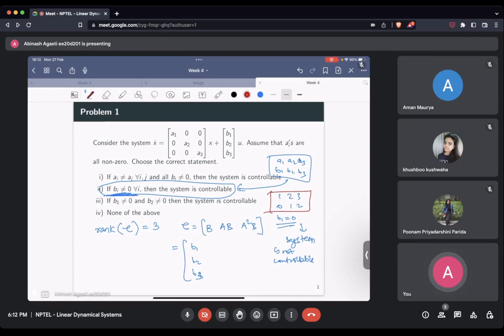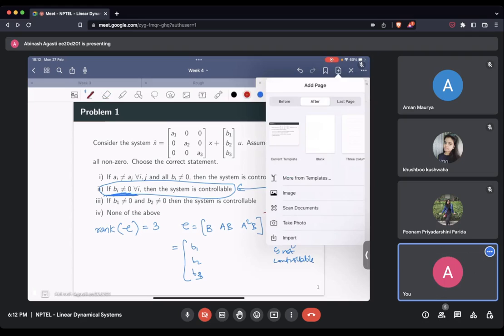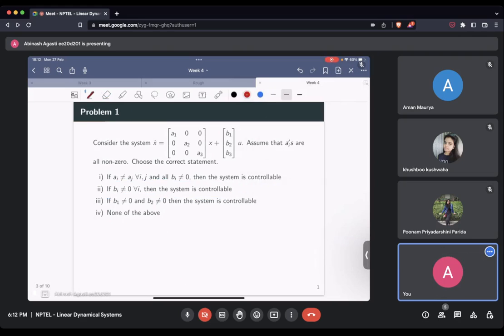Okay. No, like, okay. Let's take some more examples. Let's take a case such that a1, a2, a3, and b is b1, b2.